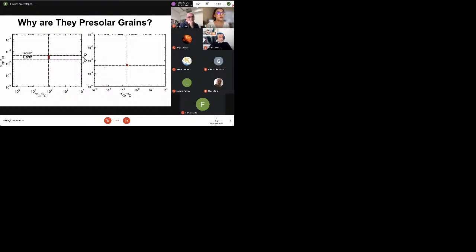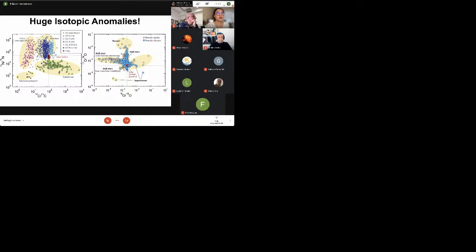Now we zoom out of our solar system and look for dust grains from other solar systems. In these two plots, the solar system is represented by this red box. Here we go, we see that presolar grains are these things that look completely different from our own solar system.